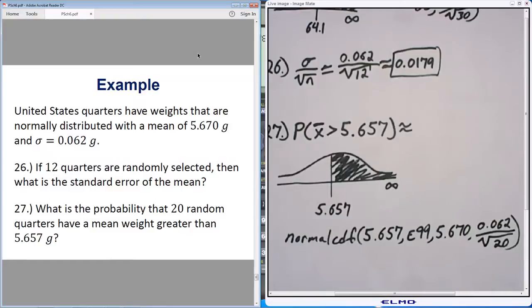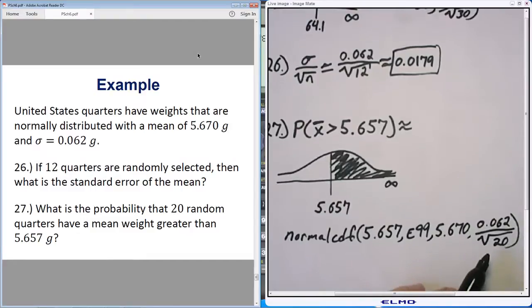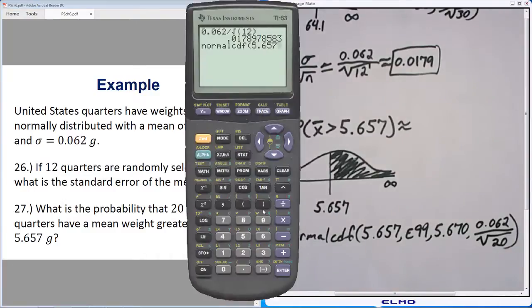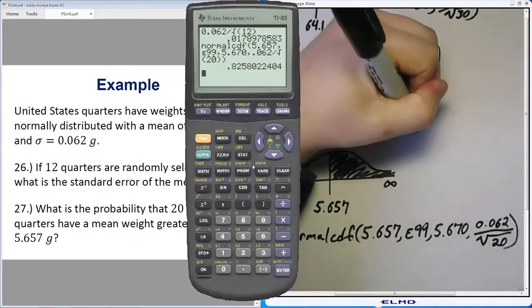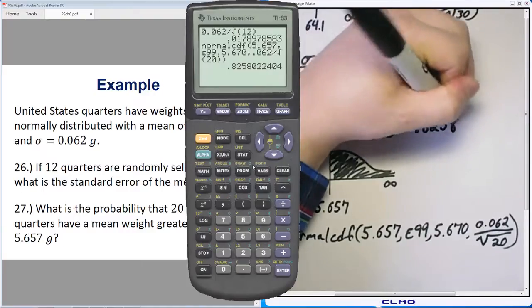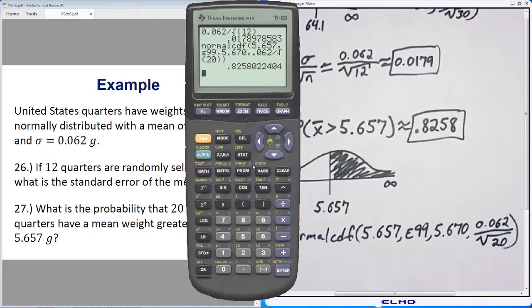Since this is a sampling distribution, I need to change the last number to the standard error of the mean. And my answer is 0.8258.